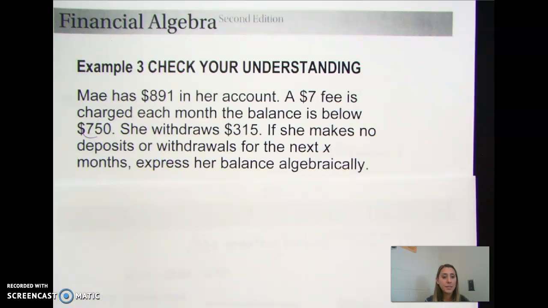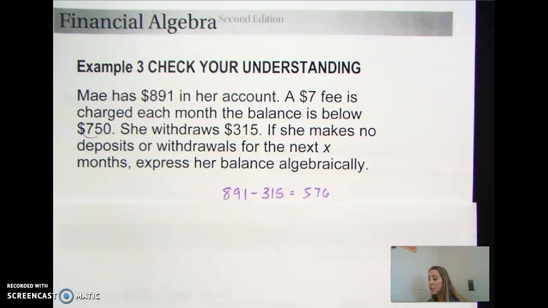So taking those steps, we're going to go ahead and do that, and we're going to create an algebraic expression. So May has $189 in her account to start with, and then she is charged $7 a month if she goes below $750. So if she withdraws $315, what would the expression look like? So we've got to make sure that it's not less than $750.